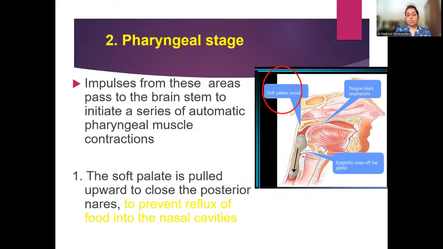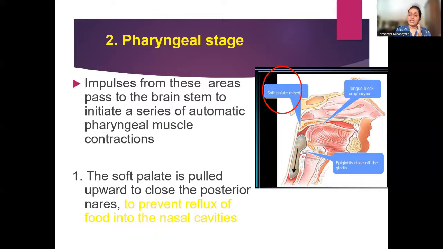These send signals to the swallowing center in the brainstem, especially the medulla oblongata, which initiates a series of automatic pharyngeal muscle contractions.